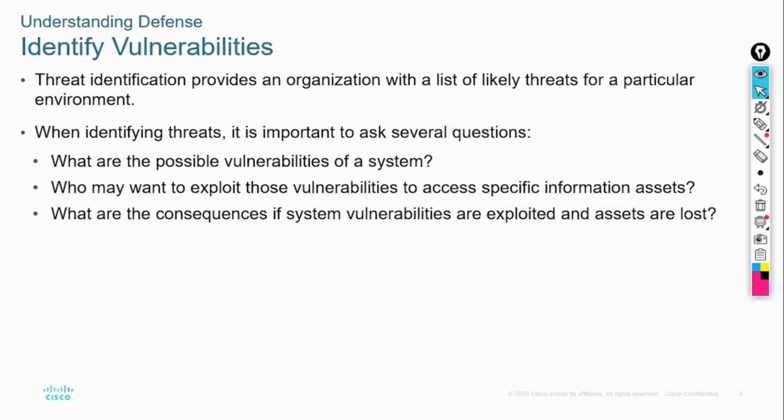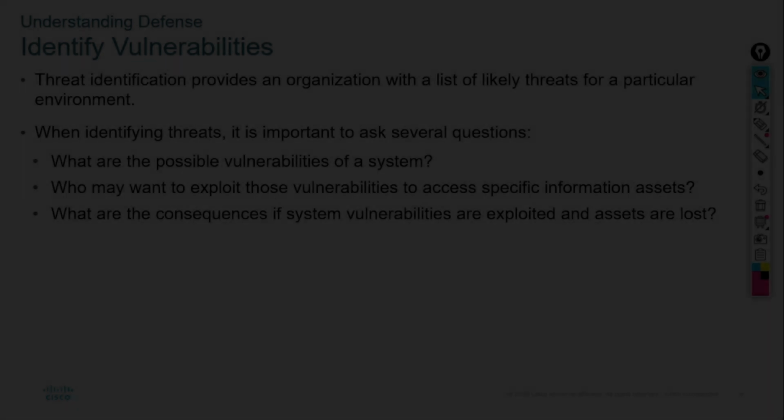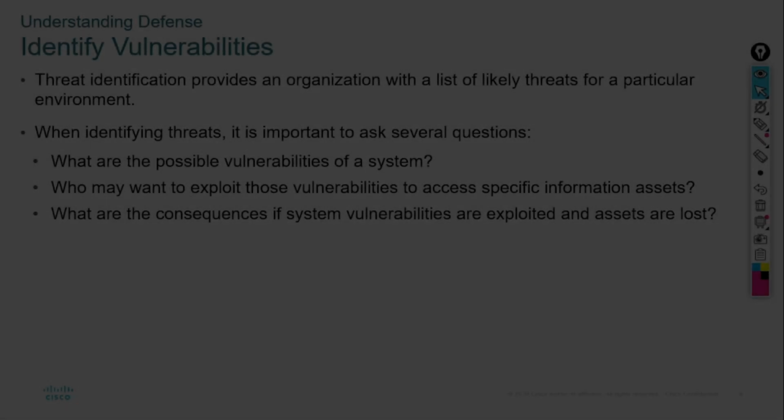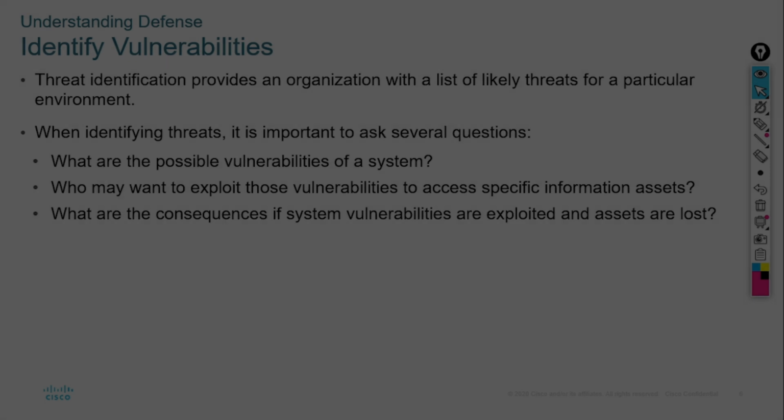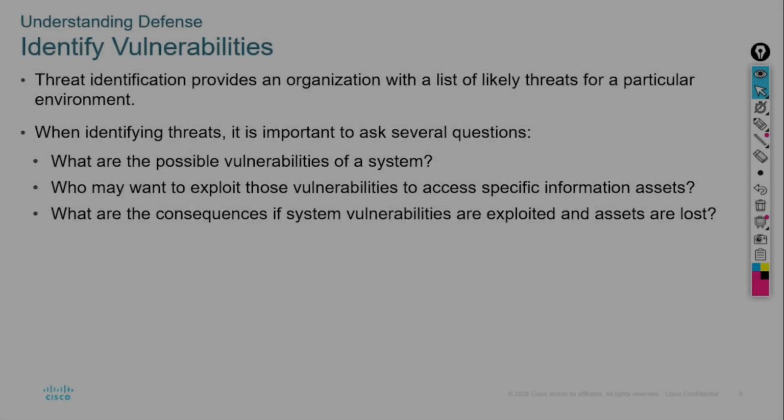So what you want to do is ask yourself a number of questions when you are trying to identify vulnerabilities or weaknesses in the system after you've categorized the assets. One of the questions you'd want to ask yourself is, what are the possible vulnerabilities of a system? Number two, you want to also know who the threat actor might be, the threat to the assets, who might want to exploit the vulnerabilities.